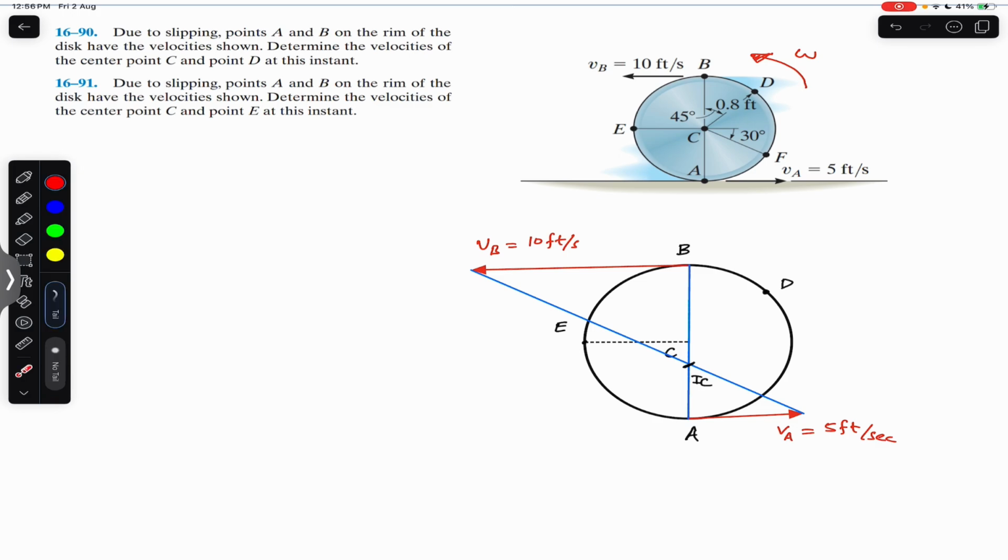Now let's assume that the distance between the instantaneous center and point B is x.